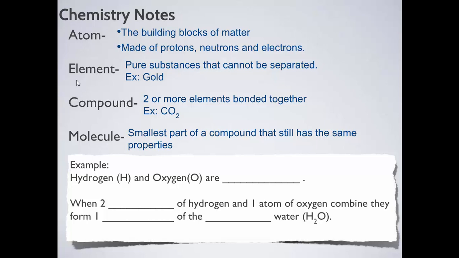Yeah, it's 2 hydrogen atoms bonded together with 1 oxygen atom. That makes 1 water molecule. So hydrogen and oxygen are both elements, pure substances. We find them on the periodic table. If we take 2 atoms of hydrogen, 1 atom of oxygen, they form 1 blank of the blank water. What am I going to fill in with those blanks? They form 1 molecule of the compound water.